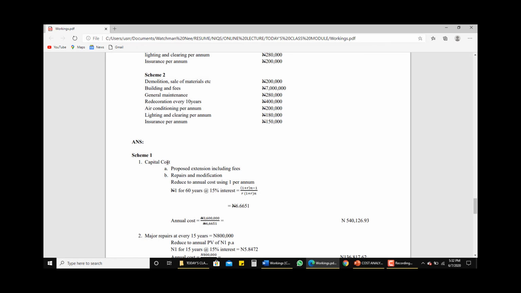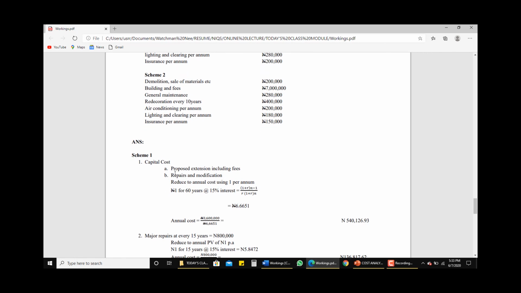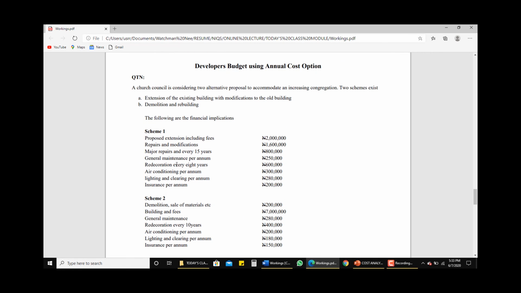Like I said while we were looking at our presentation, we have two types of costs, the capital cost and the annual and periodic cost. This time around, you could see that the majority of them are per annum, while some are at 8-year or 15-year intervals.